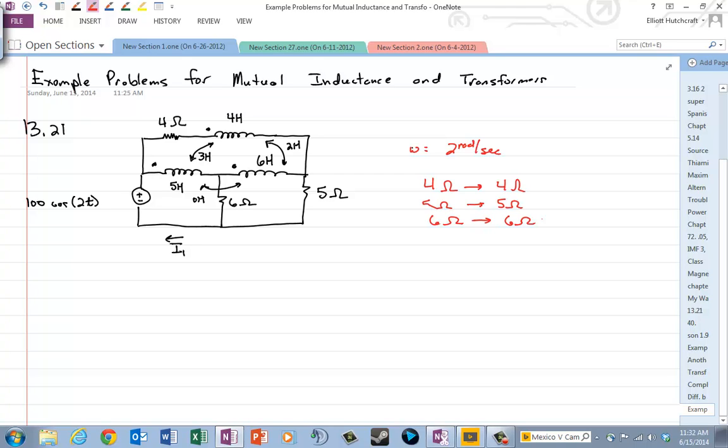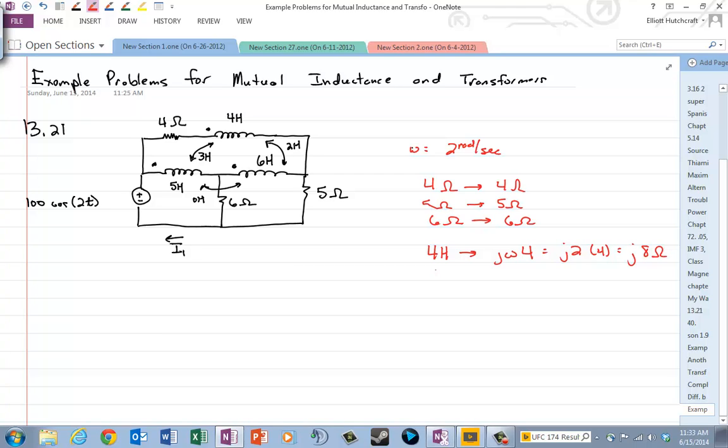Now the inductances are going to be obviously different. So I have a 4 Henry inductor goes to j omega 4. So that's j2 times 4, so j8 ohms.